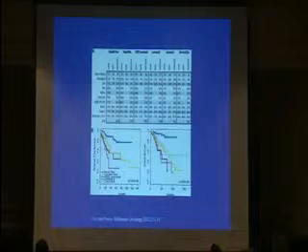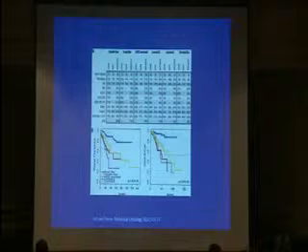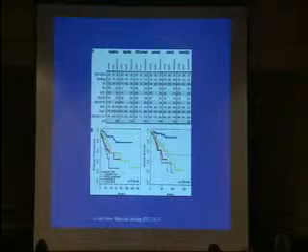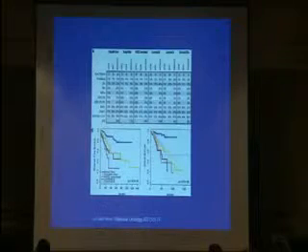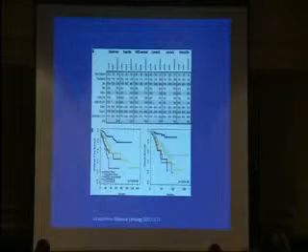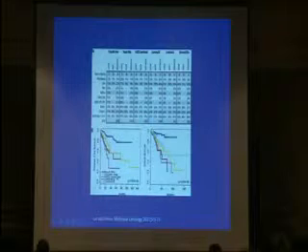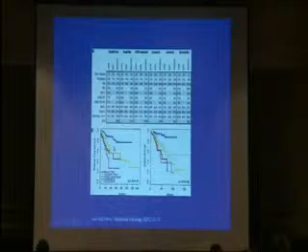It has been shown in multiple studies that the intrinsic classification of breast cancer has its own prognostic value, independent of the tumor size and the lymph node status. Here's the survival curve that was demonstrated in a paper that came out in 2011.